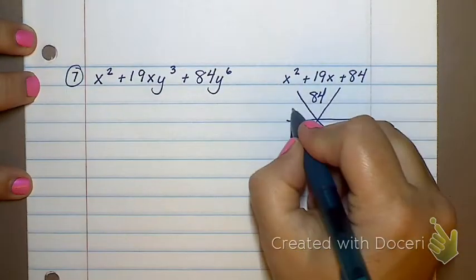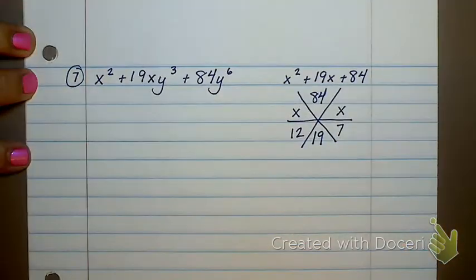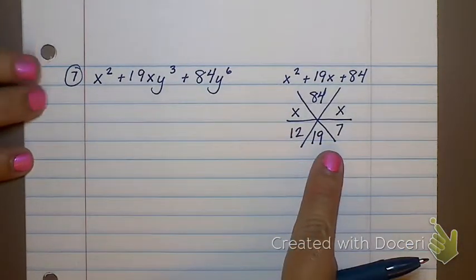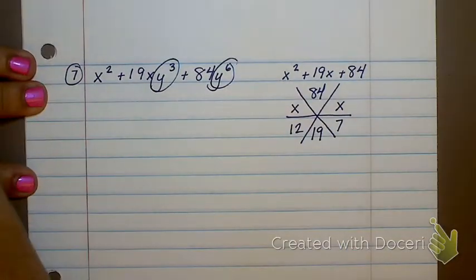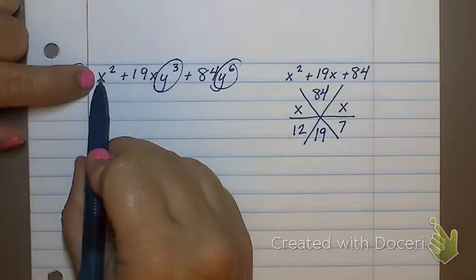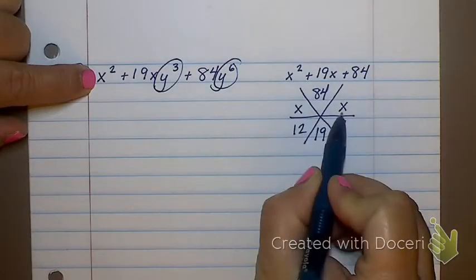And then I have x and x, right? Now, how do I take this and put the y's back into the problem? Well, you know how we took the x squared and we split it up to x and x?